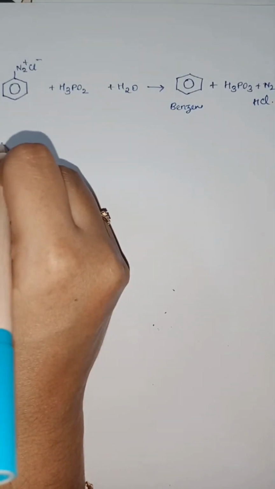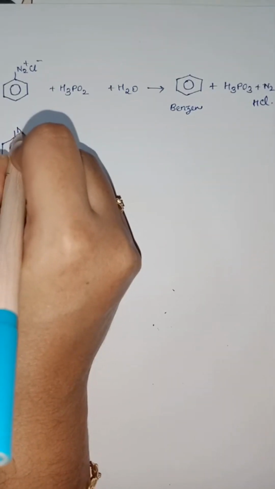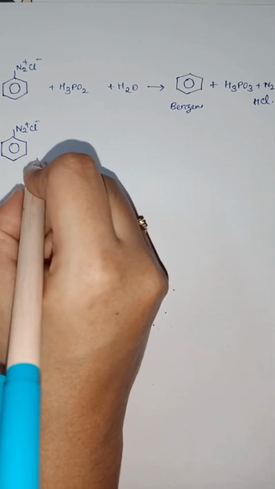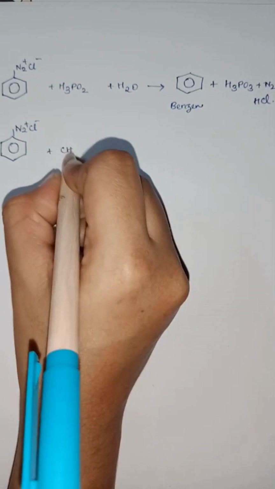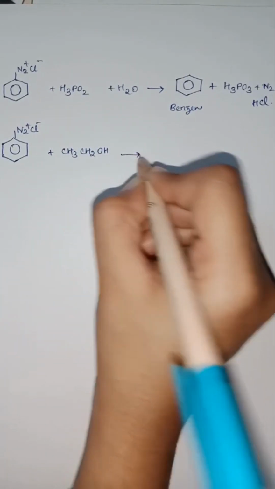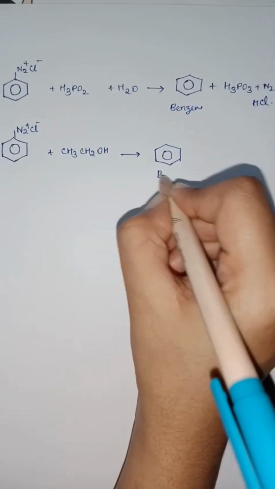In a similar way we can use ethanol as well. When we treat benzene diazonium chloride with ethanol, the same kind of reaction happens. As a result, we will get benzene as one of the products.